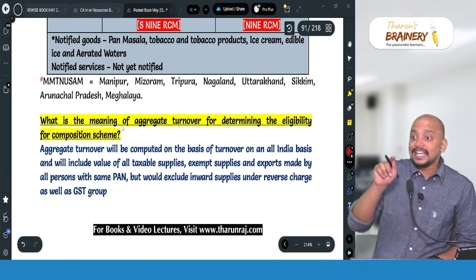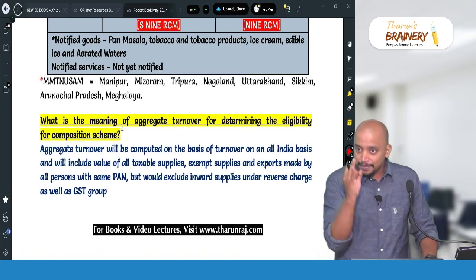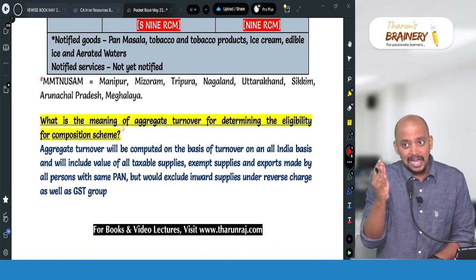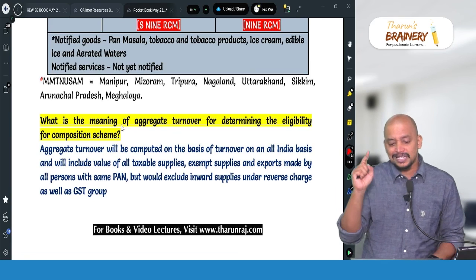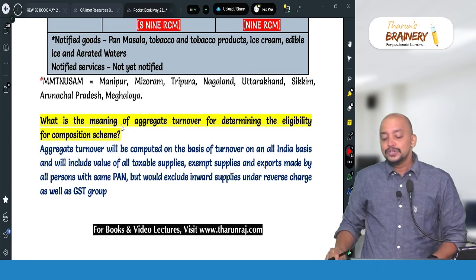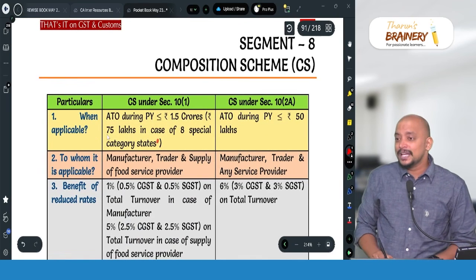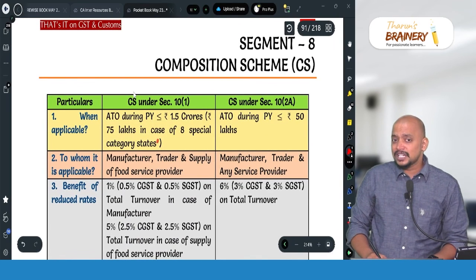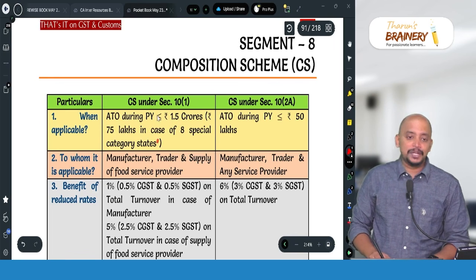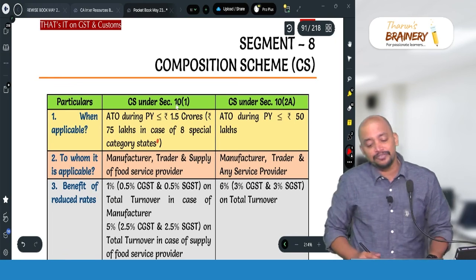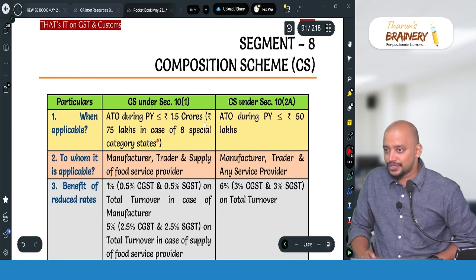Not MMTN ASAM, it is MMTN USAM: Manipur, Mizoram, Tripura, Nagaland, Uttarakhand, Sikkim, Arunachal Pradesh and Meghalaya. For these 8 states the limit will be 75 lakhs. For other states, the limit is 1.5 crores.